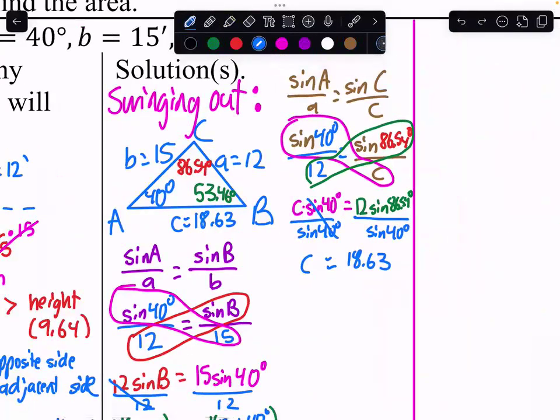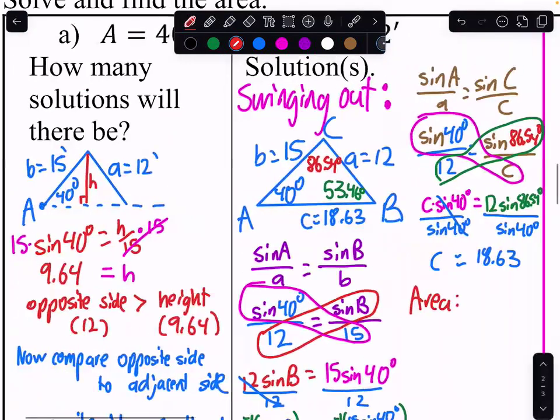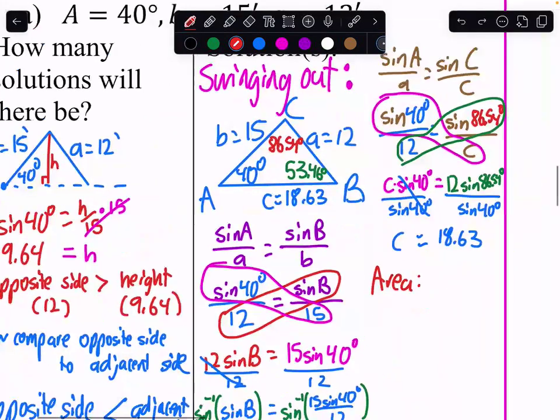Okay, and then lastly, we need to find the area. The good news is we've already found the height. We already know the height is 9.64. Area is 1/2 times base times height. So the base we just calculated is 18.63.